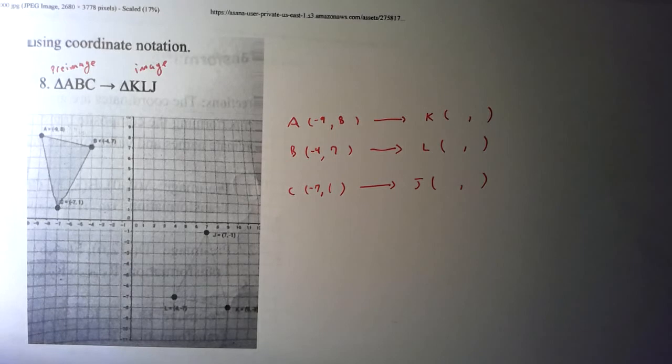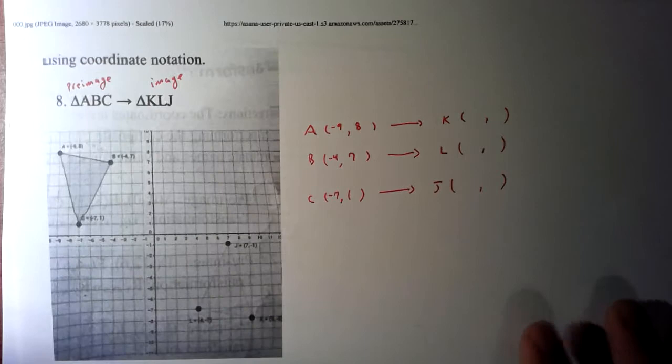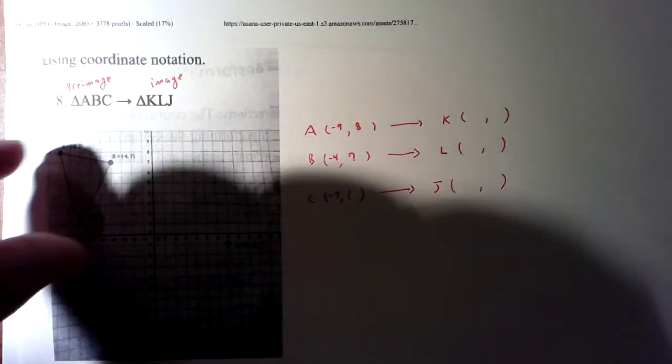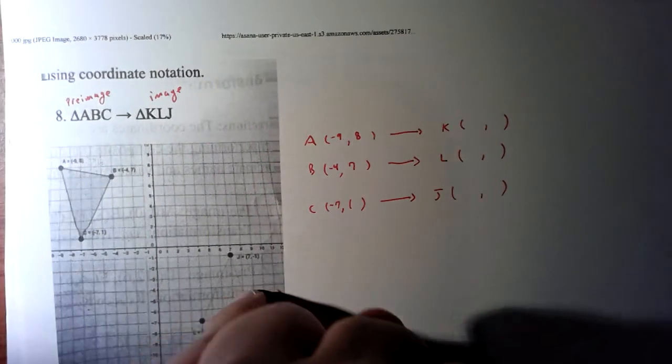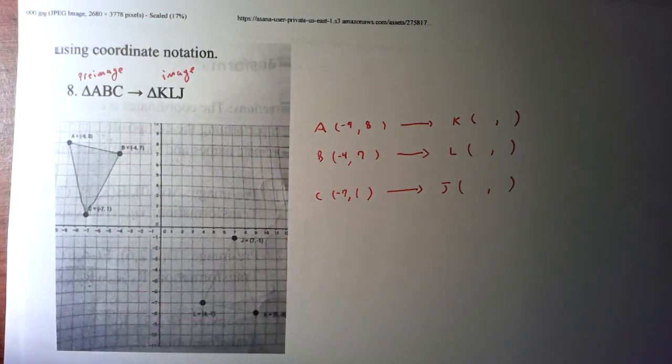So what I'm thinking when I look at this, if you think of our transformations, this seems like we're rotating it. By rotate, I mean we're taking this picture and rotating it to get it on this side. So we're going from quadrant 2 to quadrant 4.